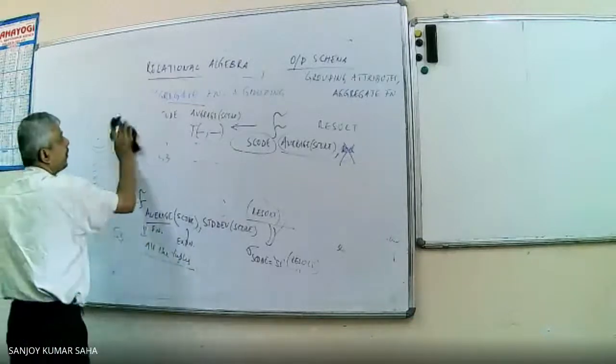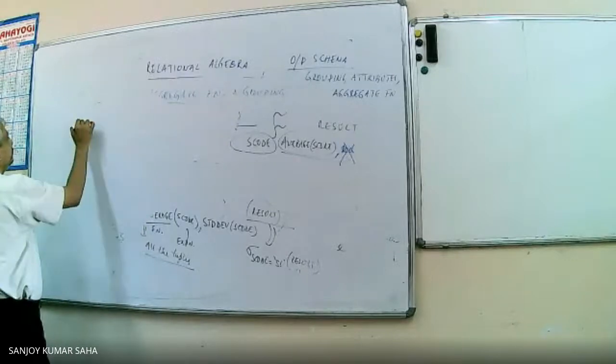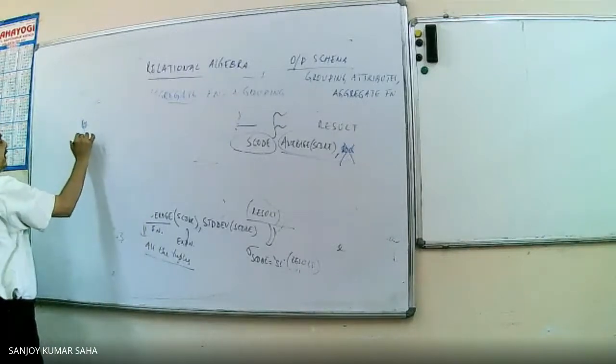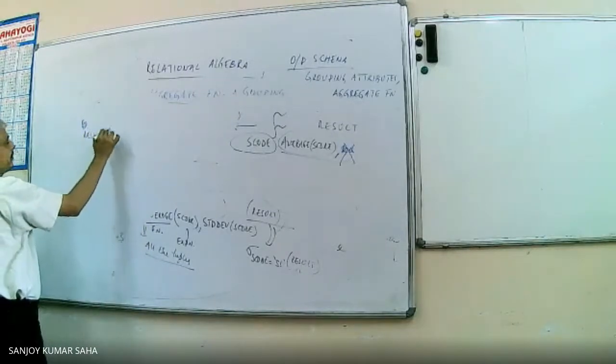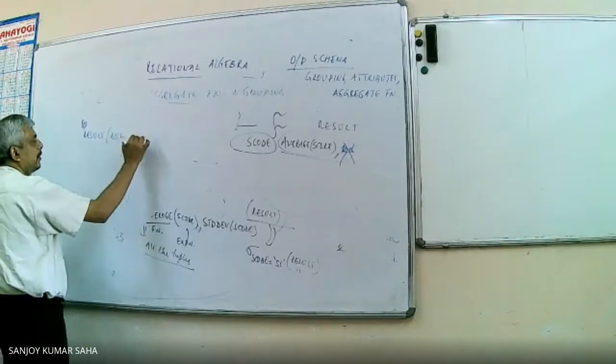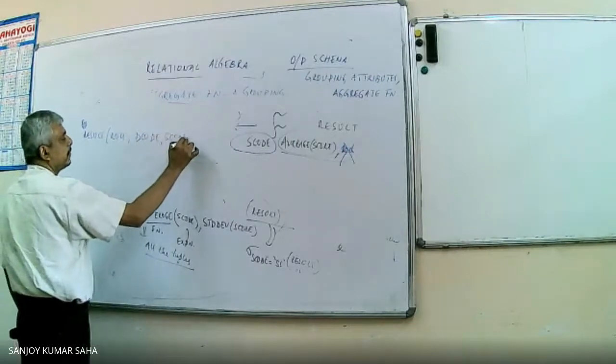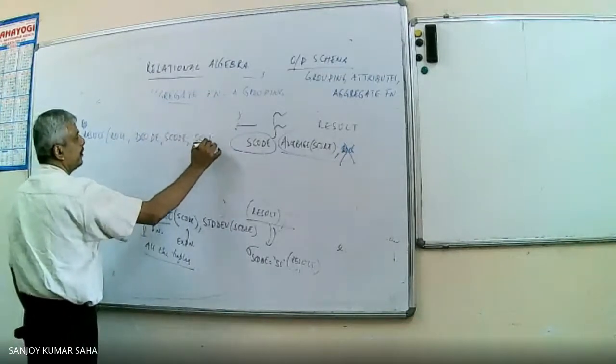Now, the grouping may be on multiple attributes. Suppose in the result we have the roll, in which department the students belong, and score.